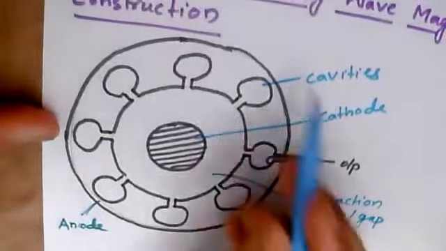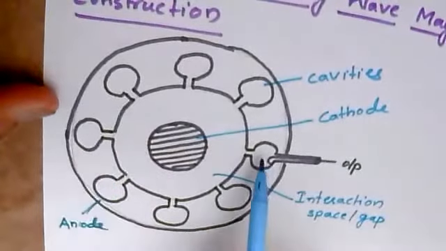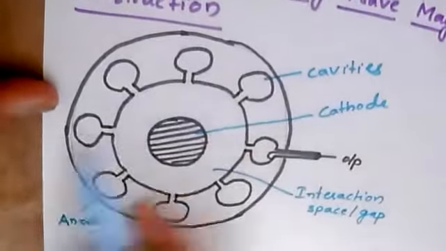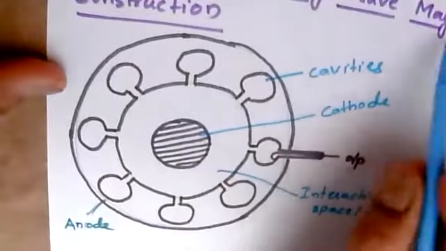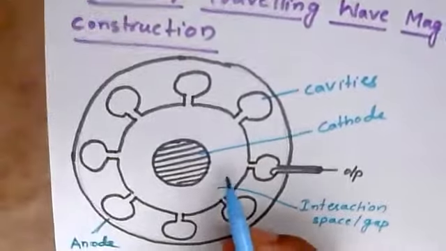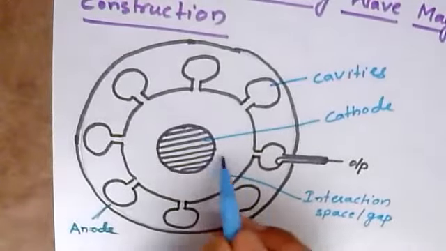So this is the construction of the 8 cavity magnetron. You can see here 1, 2, 3, 4, 5, 6, 7, 8. There are 8 cavities, so it is named the 8 cavity traveling wave magnetron. Why is it called a traveling wave? Because the electrons always try to move from the cathode to the anode, keep on traveling.